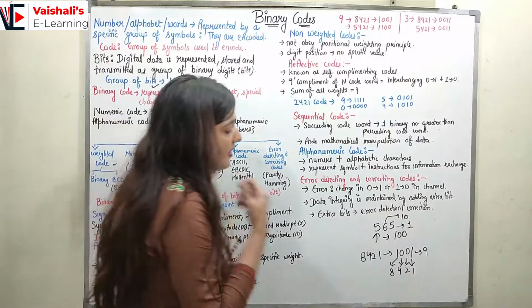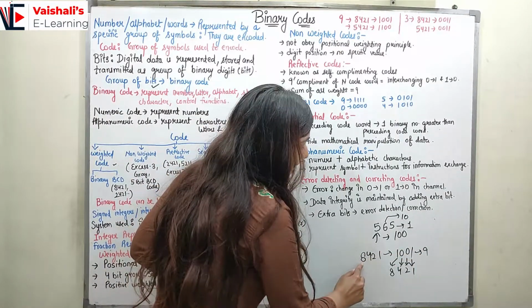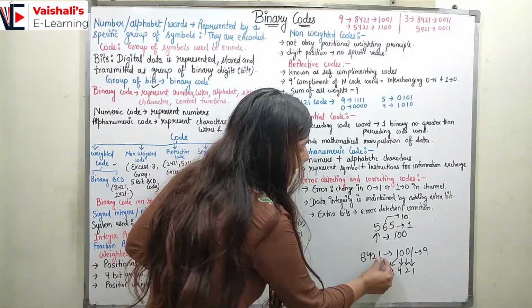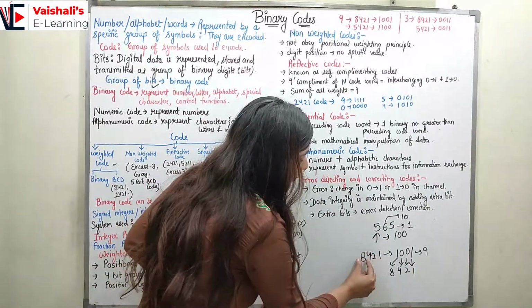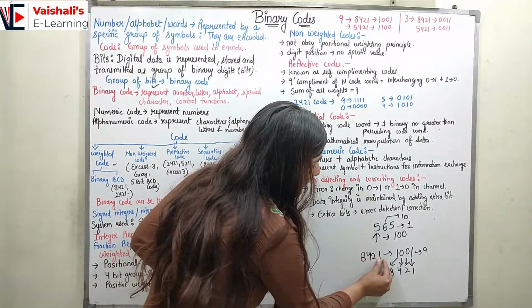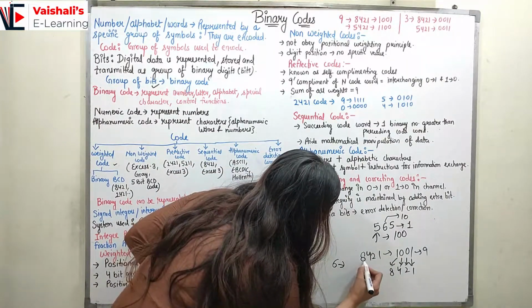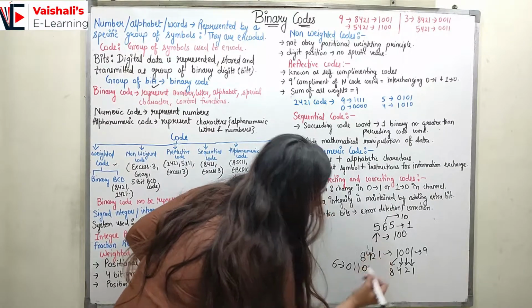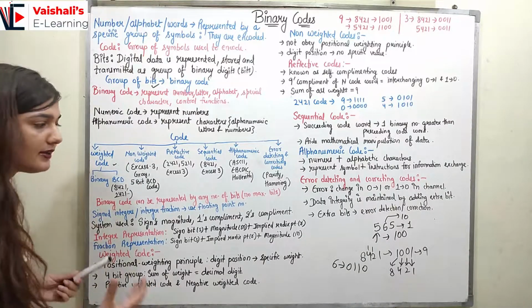So you can see here, when I was representing 9 in the 8421 code, 8 plus 1 is equal to 9, right? So if I add the weights, it will be equal to the actual decimal number. So here 1 was at the position of 8 and 1 was at the position of 1. So if I have to represent 6, 6 will be represented as 0110, because here 4 plus 2 will be equal to 6. The weights are added and it will be equal to the decimal number.